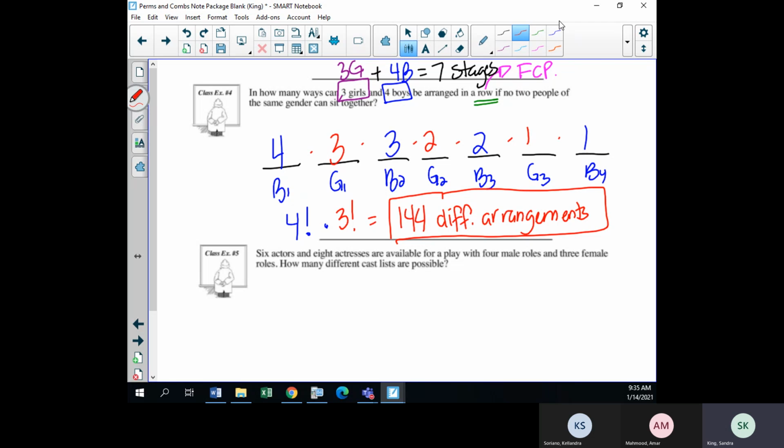So you guys, I want to show you sort of or explain the power of setting it up like with these stages. If, let's say you had this question in your homework, right? And you were to look at the solutions, this is the only thing the solution would give you. It would give you 4 factorial times 3 factorial and then 144.